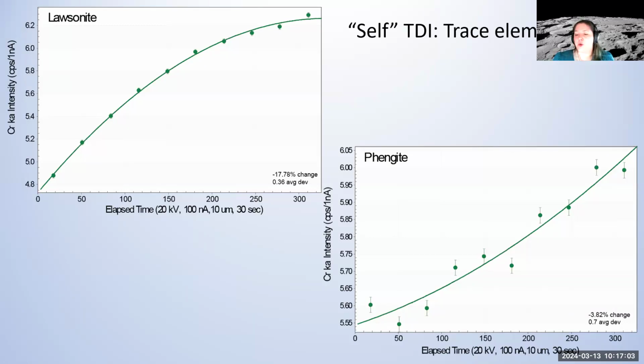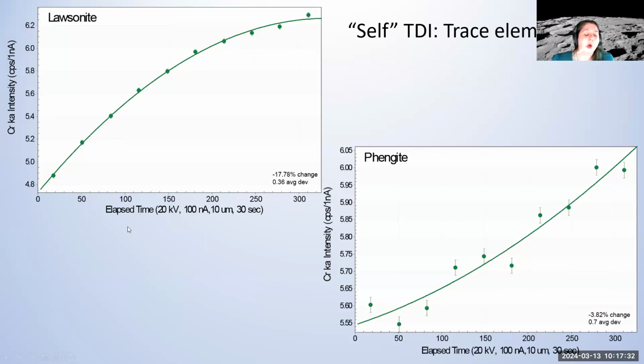However, during a trace element analysis at a high current, we often really damage the material. When we are doing trace elements, we're only a few counts above the background, and our background depends on the mean atomic number of the material. Because we damage the whole material in the way that we dehydrate it, or move volatiles away, we can see an effect in the trace elements.